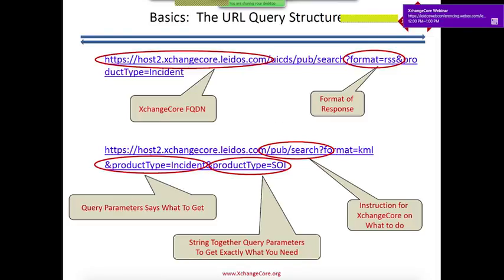While XchangeCore is designed for an extensive two-way exchange of information that allows you to be able to provide updates back and forth from application to application, while all that is happening, you've got the ability to provide the information that gets you all the information quickly brought out.